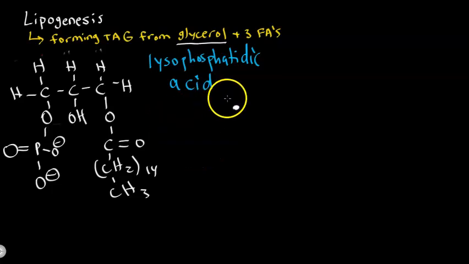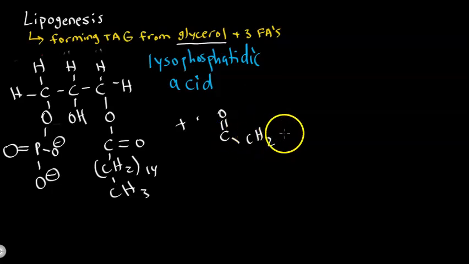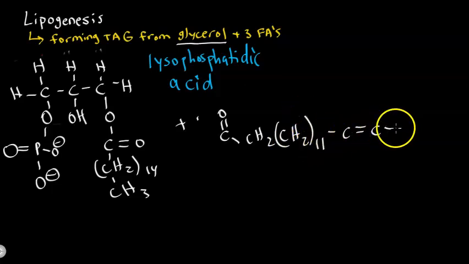And the interesting thing is that the second one that's added is actually an unsaturated fatty acid. So the second one that we're going to add is going to look like this. It's going to have a C double bond O, and then we're going to have CH2, 11, C double bond C, CH2.